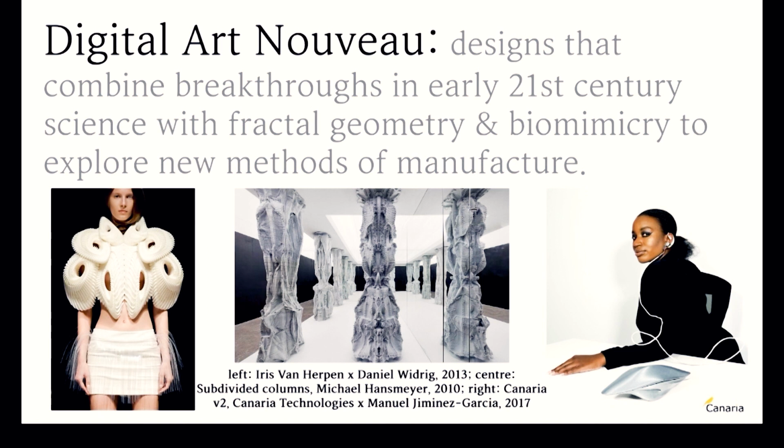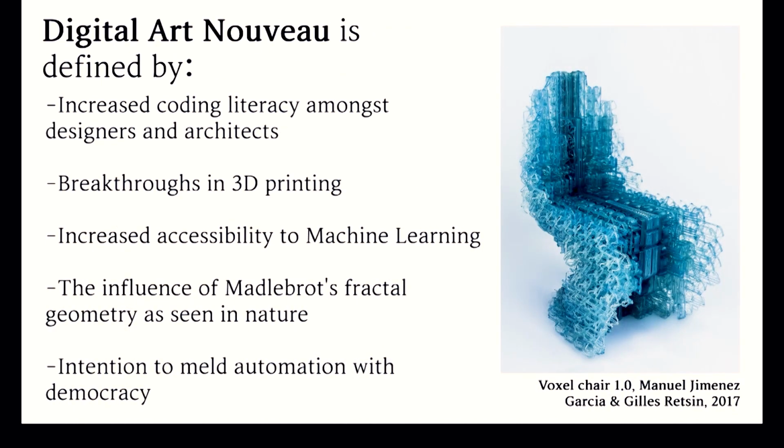Digital Art Nouveau combines breakthroughs in early 21st century science with fractal geometry and biomimicry to explain new methods of manufacture. We are seeing this emerge in fashion via the works of Iris van Herpen, through radically new methods of manufacturing supporting columns that are as beautiful as they are useful by architect Michael Hansmeyer, and through my company's work on predictive biometric devices.